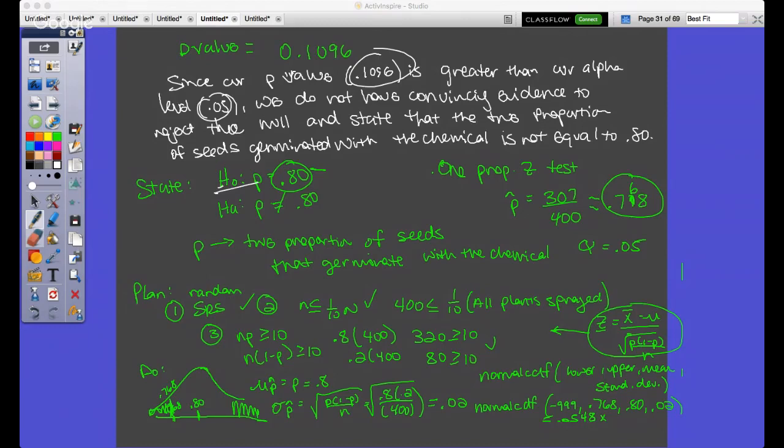On 24, throw out 24. You don't have to worry about a paired t-test. You're not old enough yet. Power will always be given to us. We just need to know how to interpret it. There's a lot of questions here, so I'm going to hop right into it.